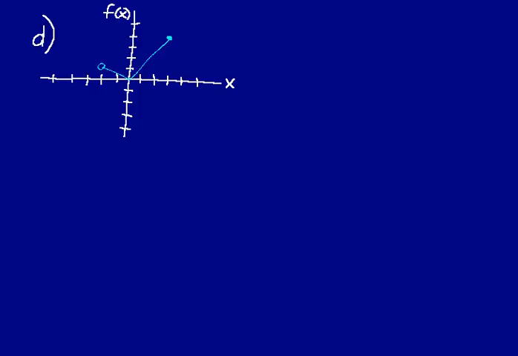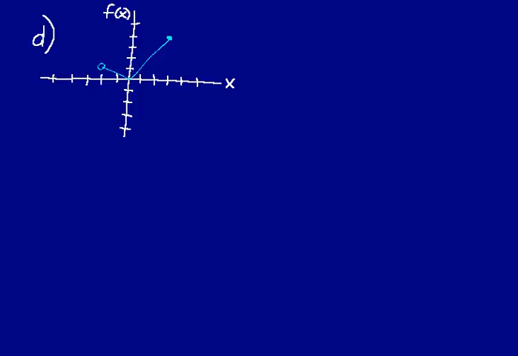Now let's go ahead and do some practice problems where we have to find the domain and range of different functions. What I have here graphed on this Cartesian coordinate system is a type of function. Now remember, a function is just an equation that can be graphed on the xy axes, and to be called a function, every x value, or member of the domain, corresponds with or is mapped to exactly one y value.